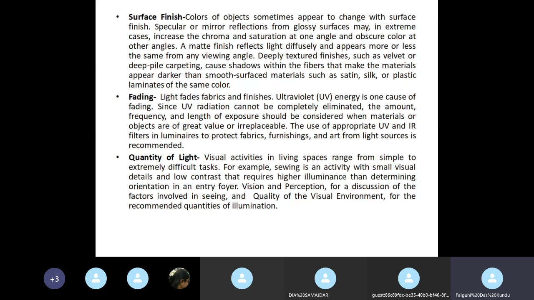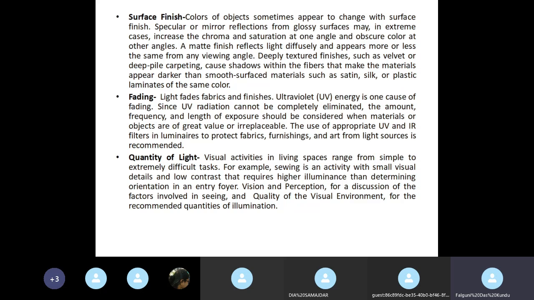Now, the quantity of light. We already discussed the quality of light. Here we are discussing the quantity of light. Visual activities in living space range from simple to extremely difficult tasks.